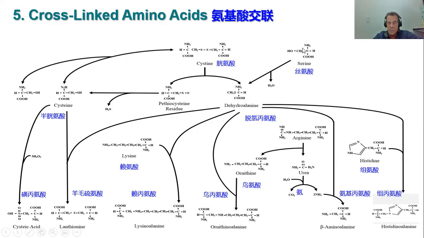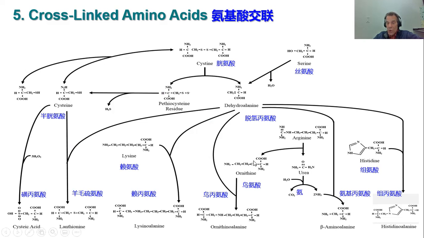Serine, a common non-essential amino acid, can be dehydrated and transformed into dehydroalanine. This dehydroalanine is a molecular glue. It loves to bind to other molecules, but it doesn't bind by itself. This dehydroalanine is created within the protein. So it actually attracts other parts of other proteins and creates these cross-links.